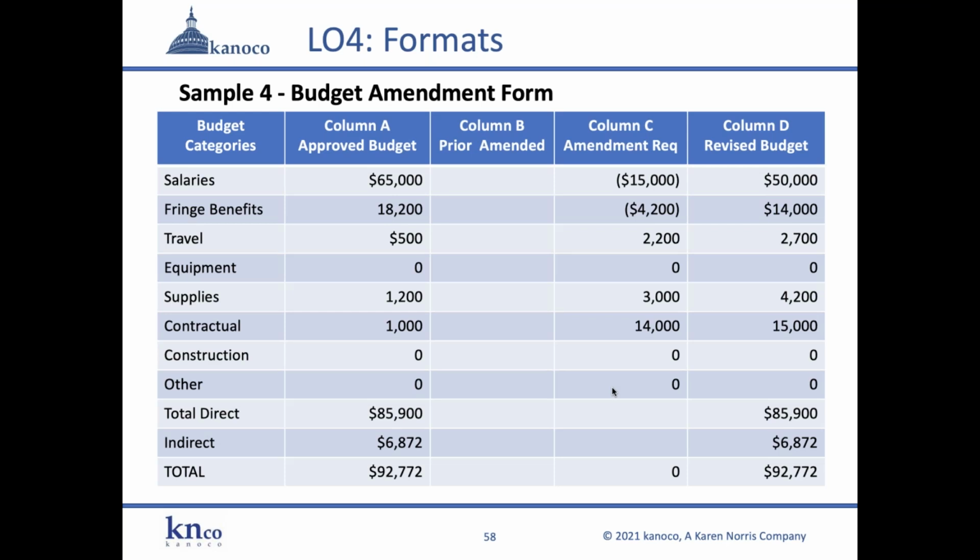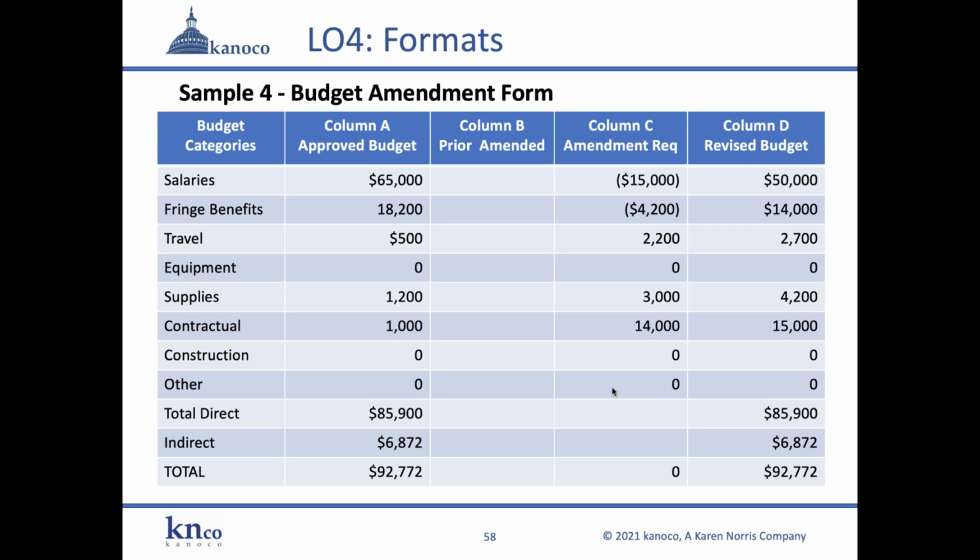You can see exactly where all the money was and what category with the total amount of award, $92,772. And then column C is the request. And you can see exactly how much money is being taken out of what category and then where it's being added.